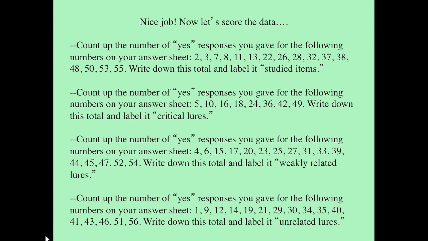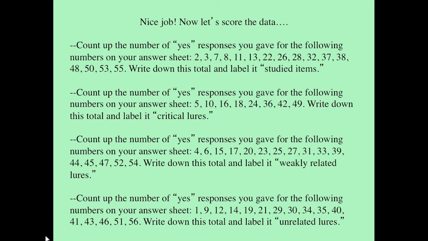Okay, so let's score the data. You're going to count up the number of yes responses you gave for the following numbers. You'll write down that total and label it studied items. And then you'll count up the number of yeses that you gave for the short set of numbers here and write that down and call it critical lures.